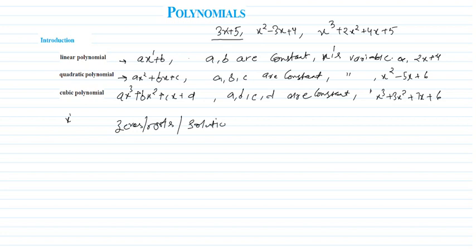You will hear these three words, zeros, roots and solution, quite often. So what do we mean by zeros, roots or solution of a given polynomial? We'll discuss that and learn their meaning.